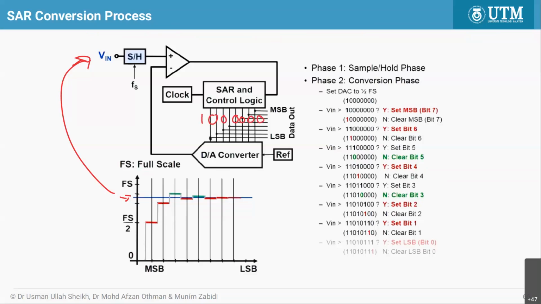It will test only. So this value 1000 divided by 1111111 is actually Vref divided by 2. If you convert that, the voltage that is being outputted from the DAC is Vref divided by 2.